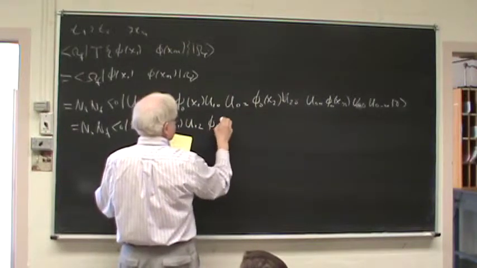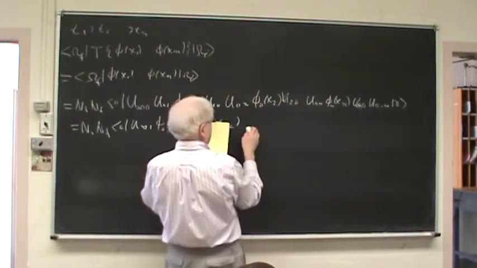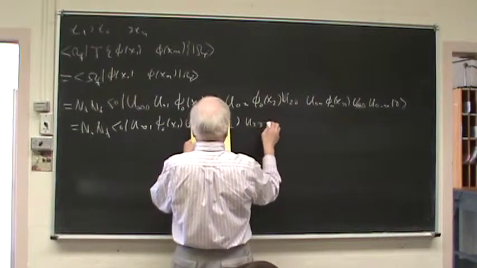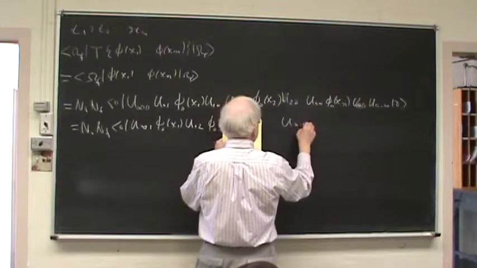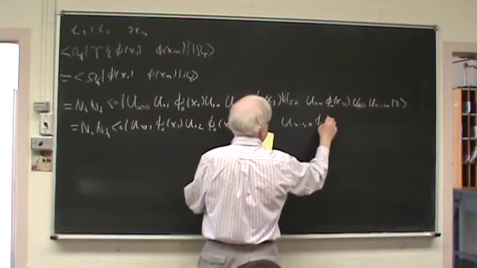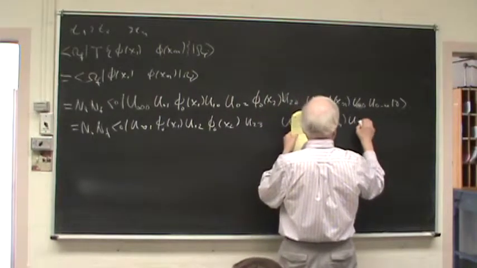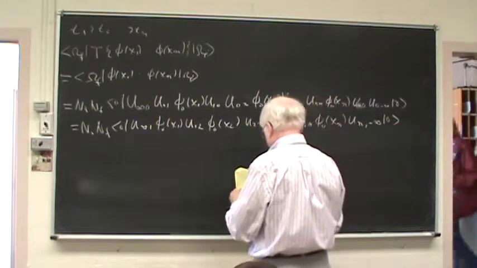And then we have phi 0 of x2. So the phi's here have the free field dependence. And then you have U2 3, dot dot dot, U n minus 1 n, phi 0 of xn, U n minus infinity 0. Okay.